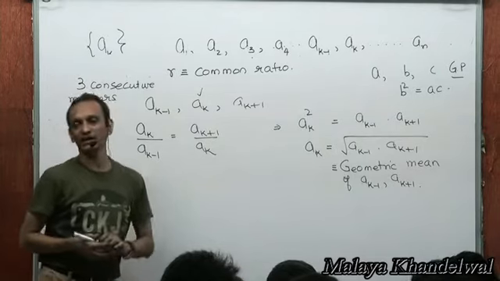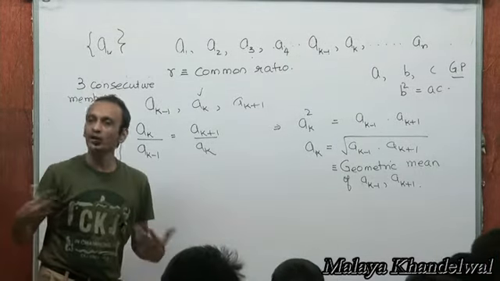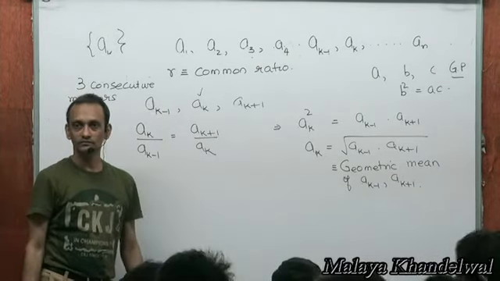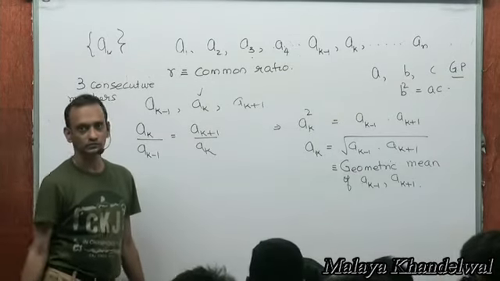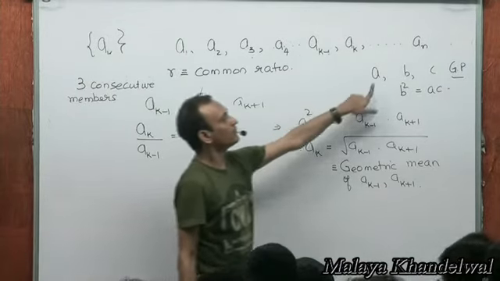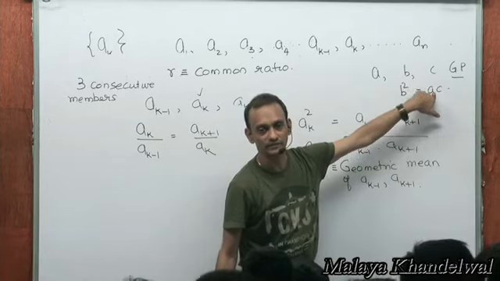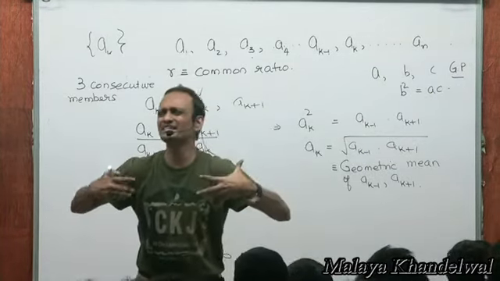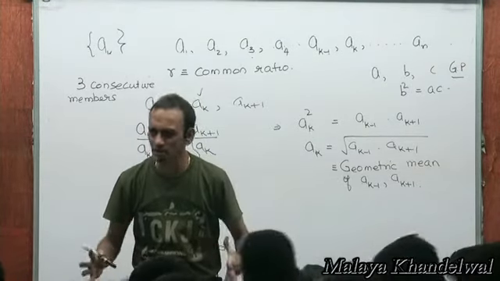See, that's one of the possibilities. One of the possibilities is that B could be the geometric mean of A and C. Right? So, if A, B, C are in GP, then B squared must be AC. Right? So, I've just given you a bare skeletal form of progressions AP, GP.